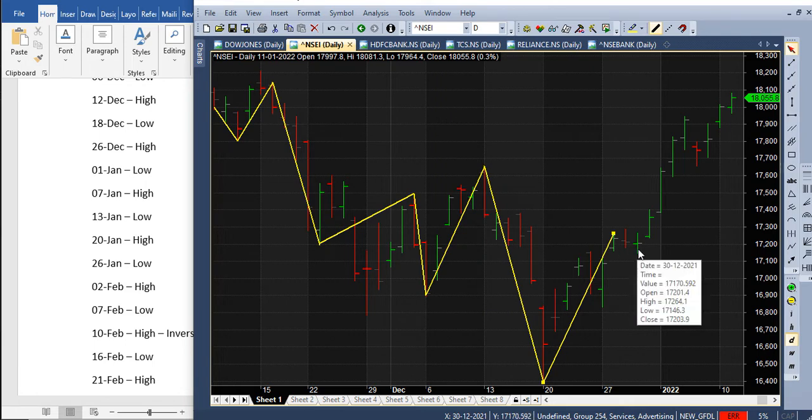Then 1st of January is low. 1st of January is a holiday, okay. The market is closed on 1st. So we can take one day before, that is 30th of December as a low.